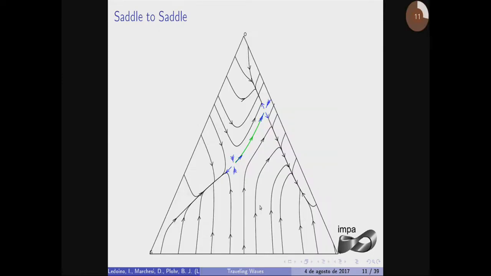However, we are interested in saddle to saddle connections because only a few orbits enter and leave the right state as well as the left state. So those are a little bit more difficult to find.